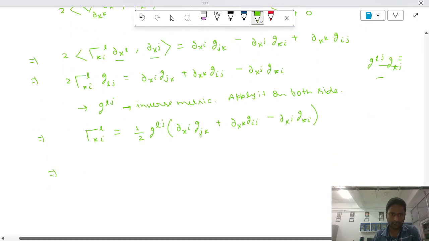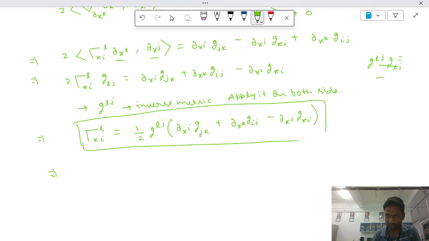You can do one more thing. You can just relabel your indices. You can use either this formula, that's not a problem, but let's simply relabel the indices. These are dummy indices.